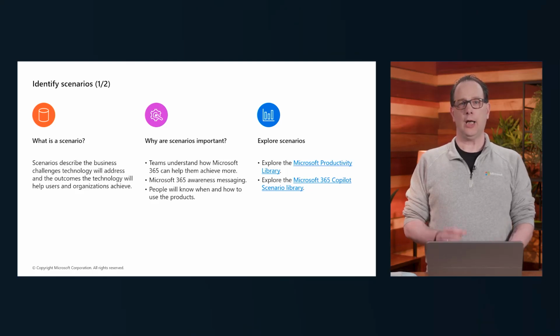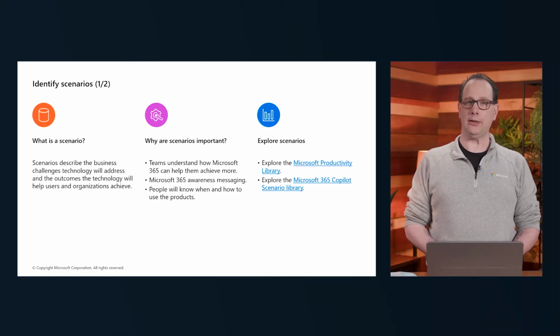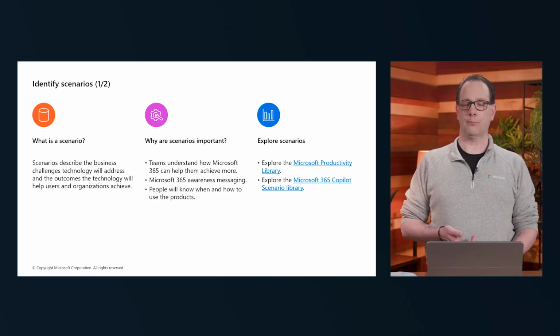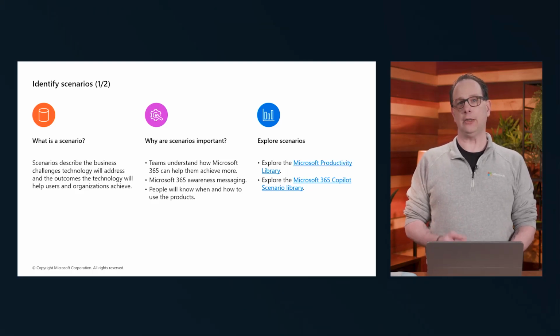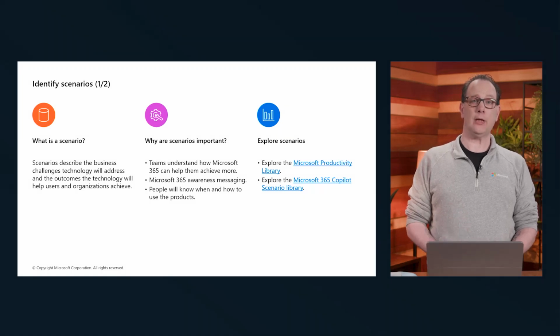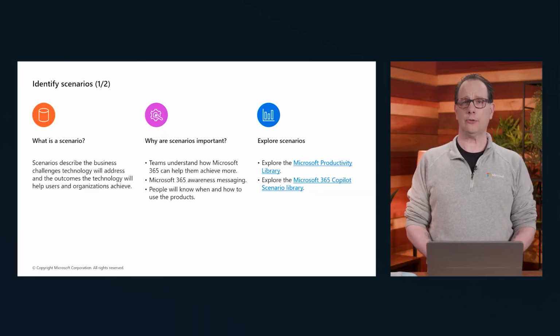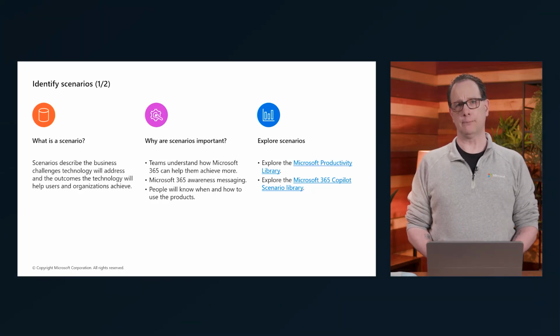Now, the other question is, how do you get started with identifying such scenarios? One suggestion here is beginning with identifying the key use cases and AI-ready scenarios that Microsoft 365 Copilot can support, and from there map them to the relevant products and services.